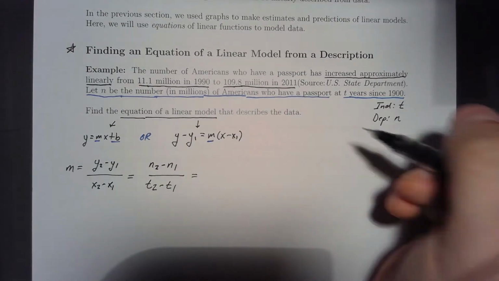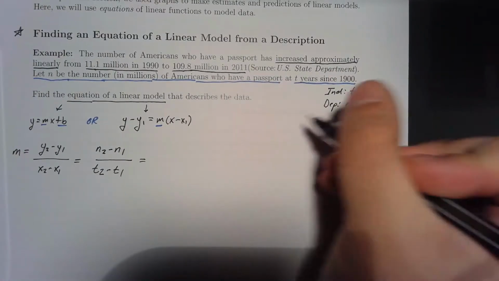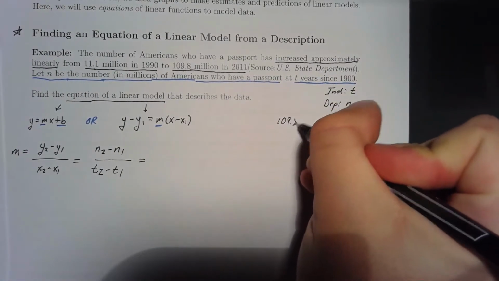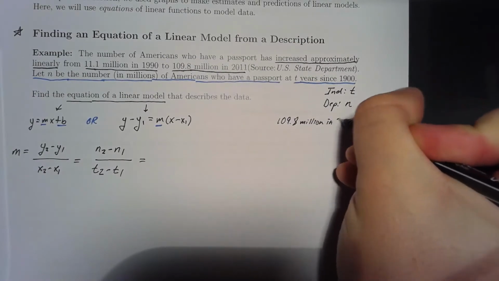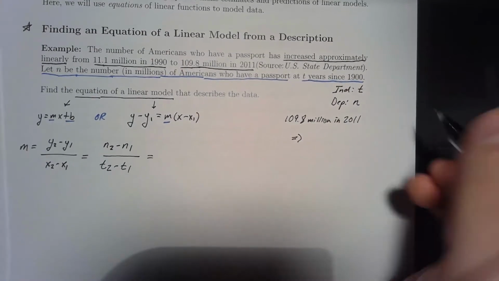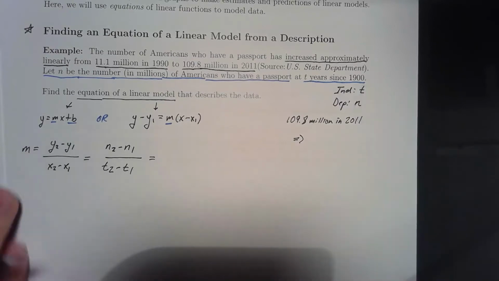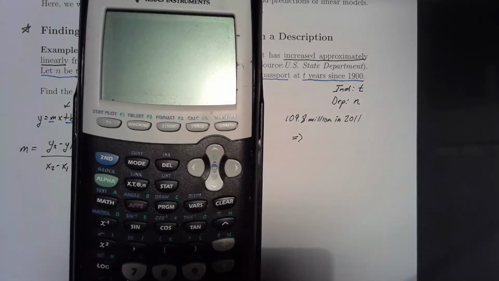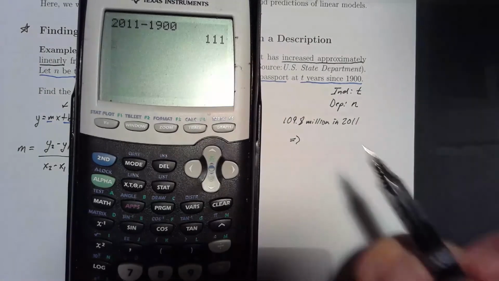All right, let me jot this down here. 109.8 million in 2011. As an ordered pair, t is the years since 1900, so 2011 minus 1900 is 111 years.